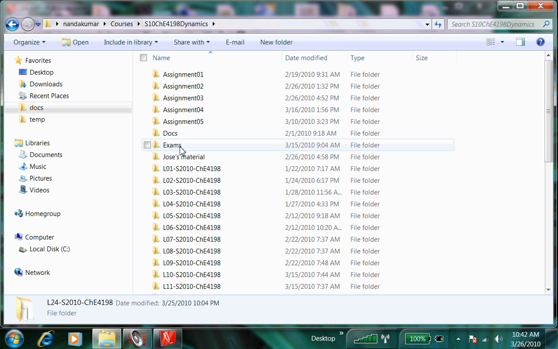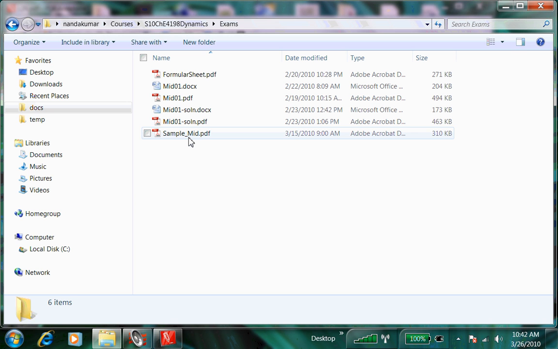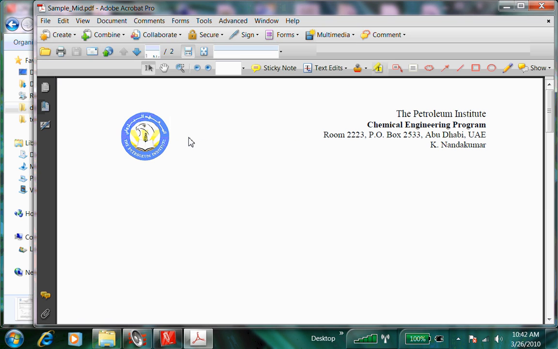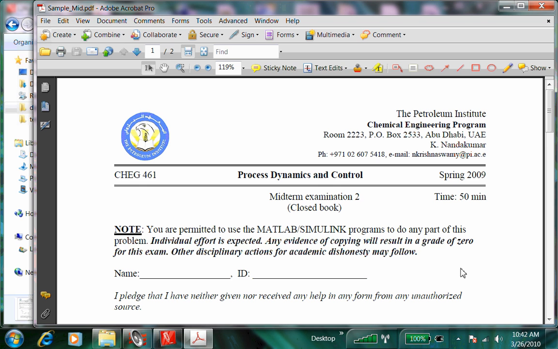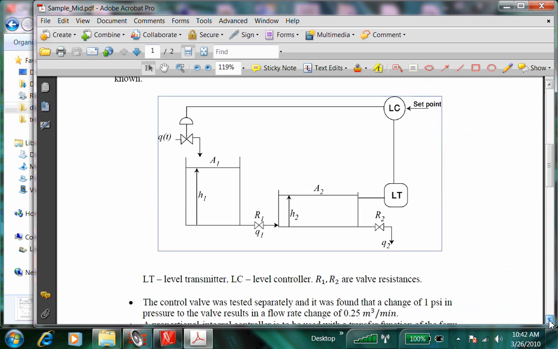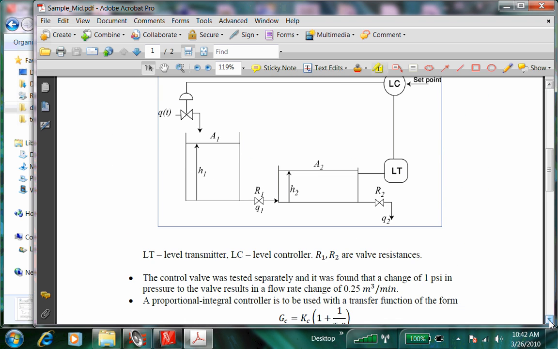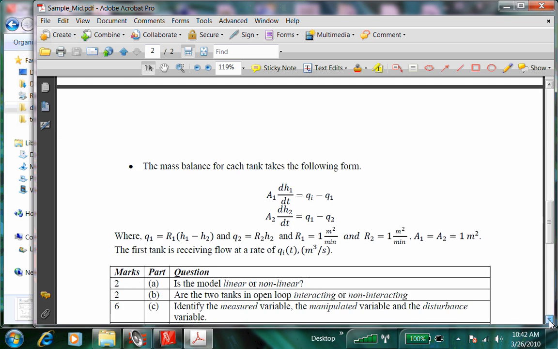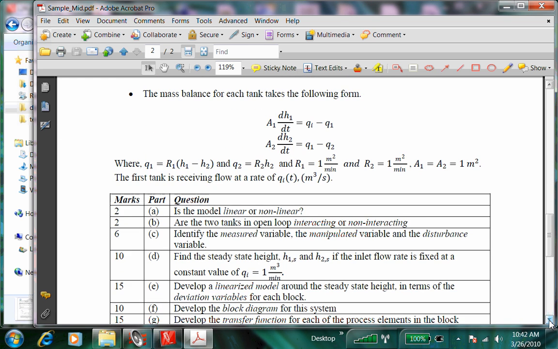Let me see if I can. It's an endless flow. Measured variable and calculated variable and disturbance.